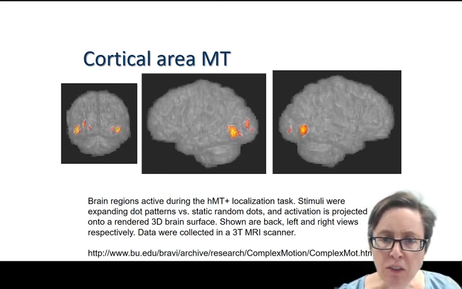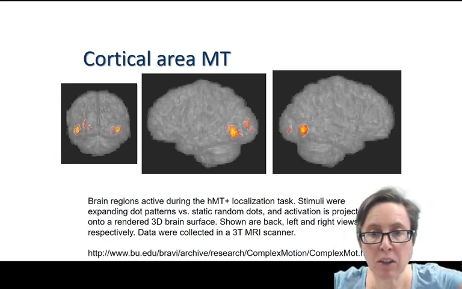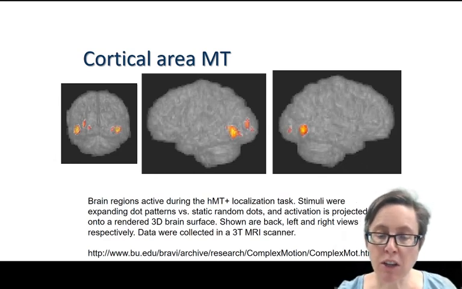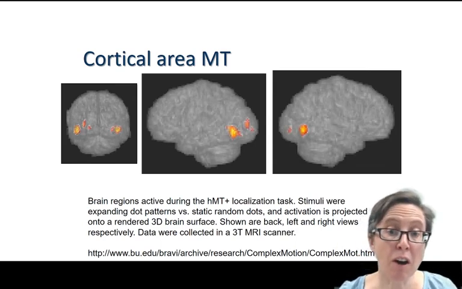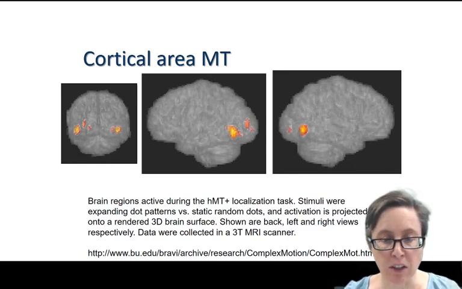And to get this area of the brain, they had the person view expanding dot patterns and contrasted that to the brain activation when the person was viewing static random dots. And so they're picking up the brain area that responds much better to these expanding star field patterns of dots than to the static dot pattern.